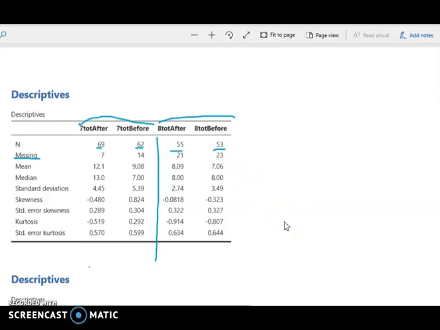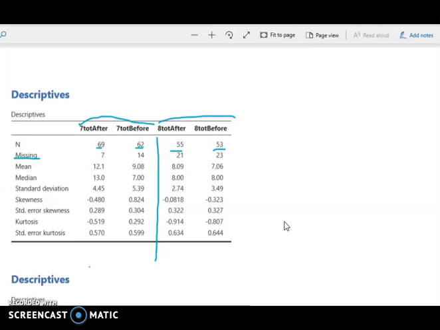The 7 tote and 8 tote were again multi-item measures. 7 tote had 6 different items with a lowest score of 0 and a max score of 3. And 8 tote had 4 total items with a lowest score of 0 for each one and a max score of 3.